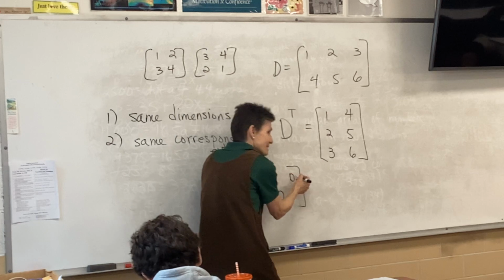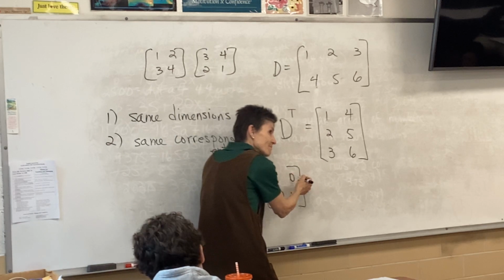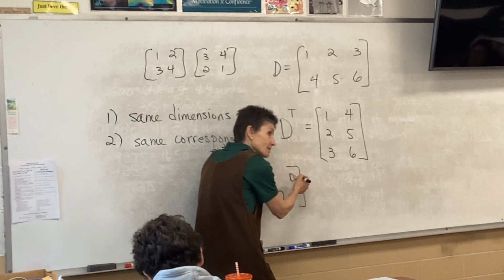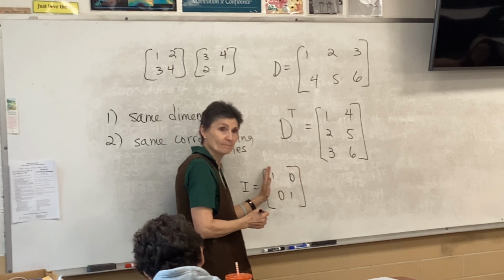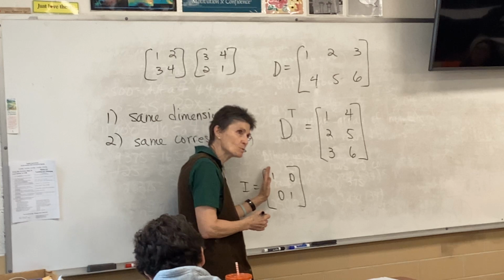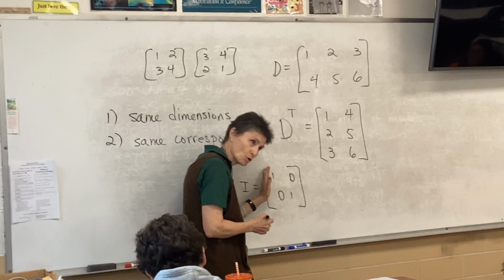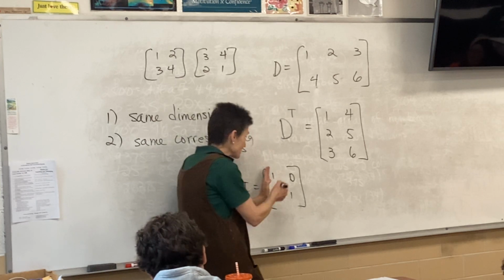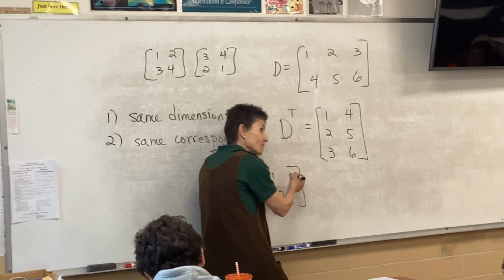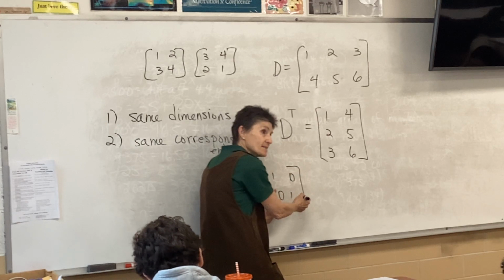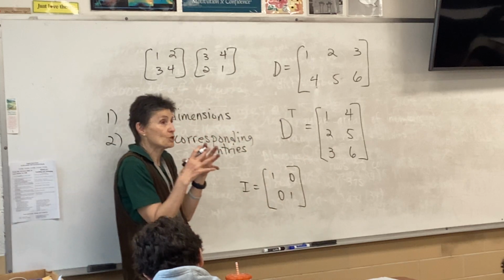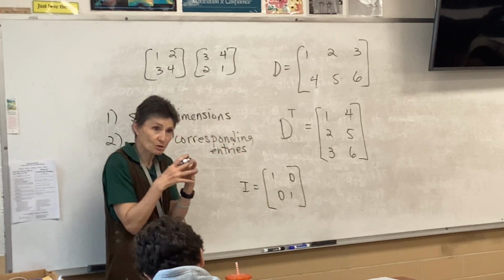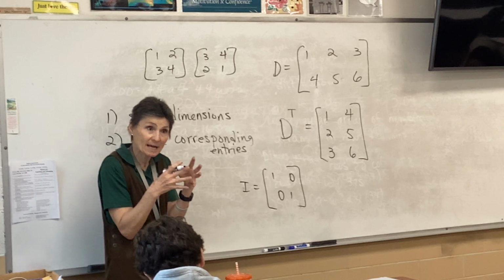What is 1, 0? What vector is that? That's i, the horizontal unit vector. This was on your test. i is the horizontal unit vector, and j is the vertical unit vector. So when we put the unit vectors into a matrix together, it becomes the identity.